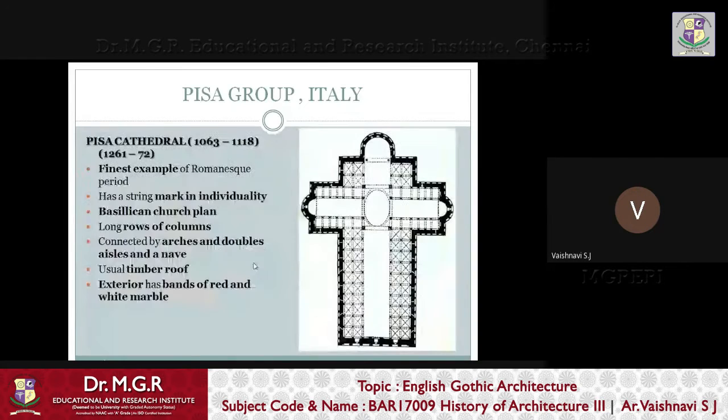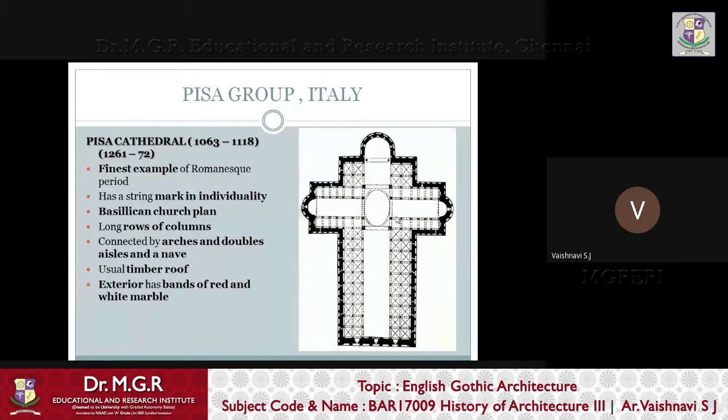In detail, we'll see the cathedral plan and the walls which are built. They have only slender columns running throughout the nave and aisle. These columns form just an arcade of rows and columns. This entire wall is built with heavy, thick walls, and this building is a very fine example of the Romanesque period.